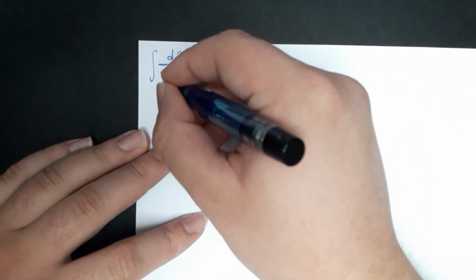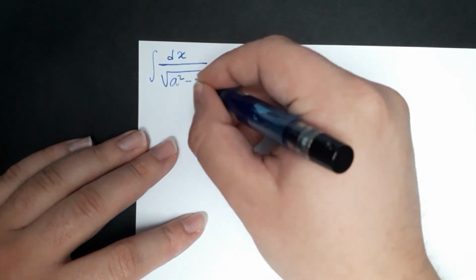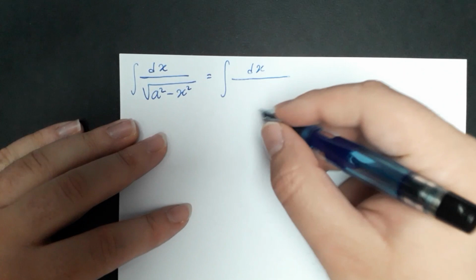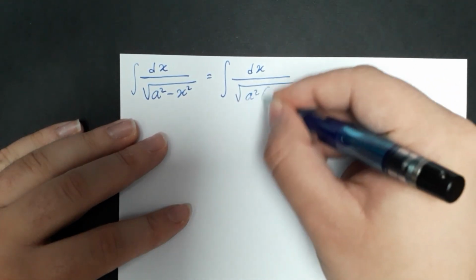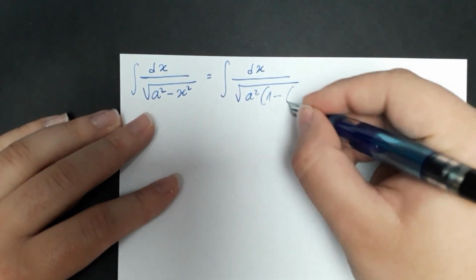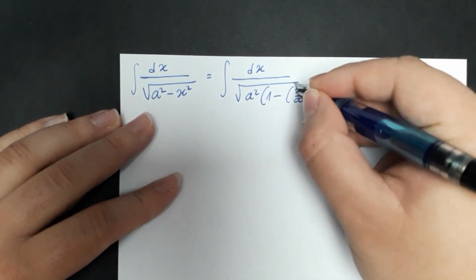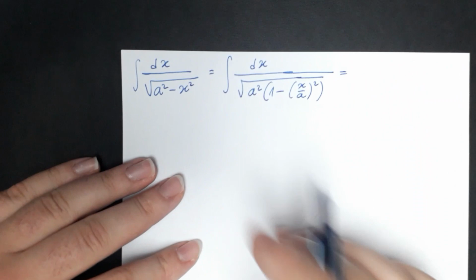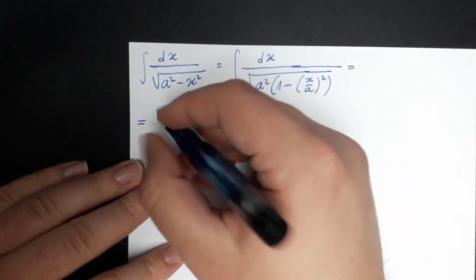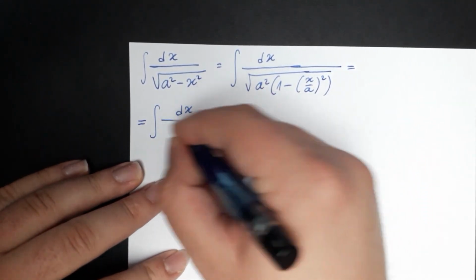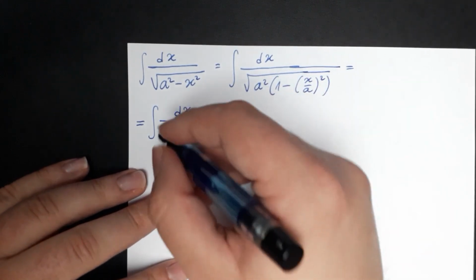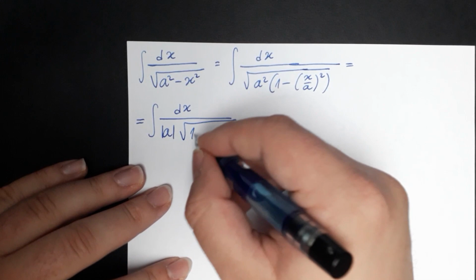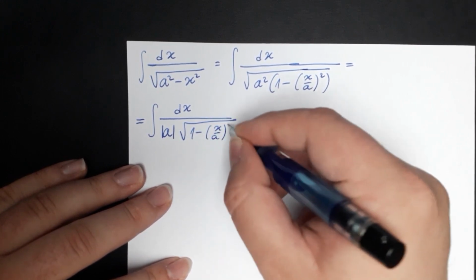The integral of dx over square root of a squared minus x squared is then equal to the integral of dx over square root of a squared times open bracket 1 minus x over a squared. And this is then equal to the integral of dx over the absolute value of a, times square root of 1 minus x over a squared.